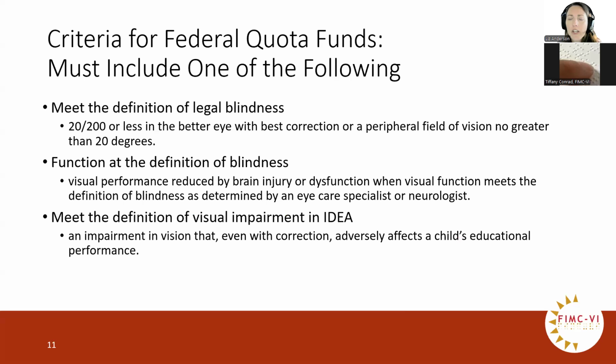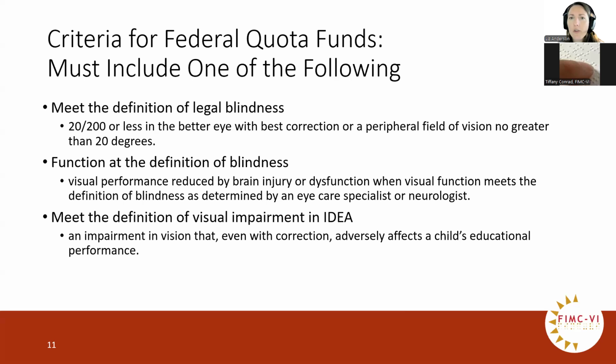So for the criteria of eligibility and receiving federal quota funds, this is the category that was changed for the 2024 annual census. In the past, it was just one of these first two things that you see here on this slide.